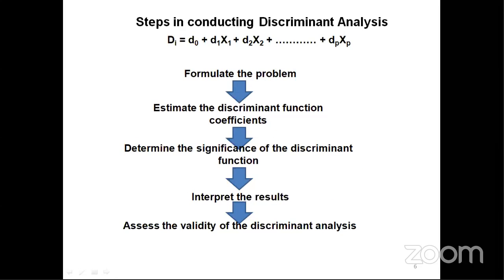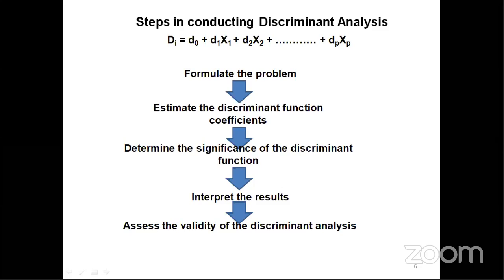Then estimate the discriminant function coefficient. We have to estimate it, because without the discriminant function coefficient, we cannot make the discriminant function. And if you do not have the discriminant function, you cannot calculate the discriminant score for each object, for each respondent, and we cannot make any differences.